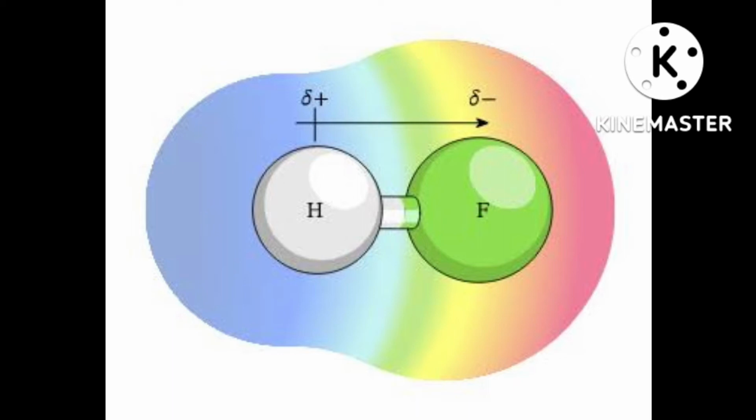Now I am going to discuss electron gain enthalpy, the fourth physical property. Electron gain enthalpy is also known as electron affinity.